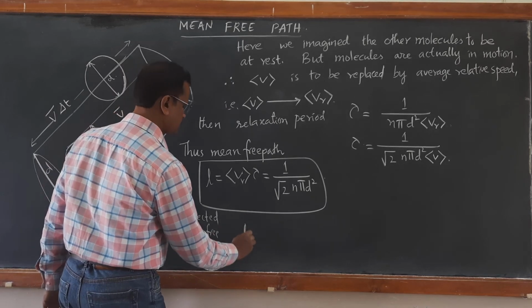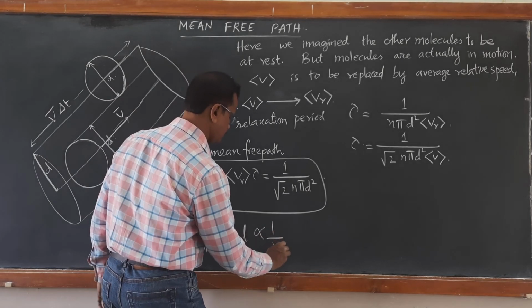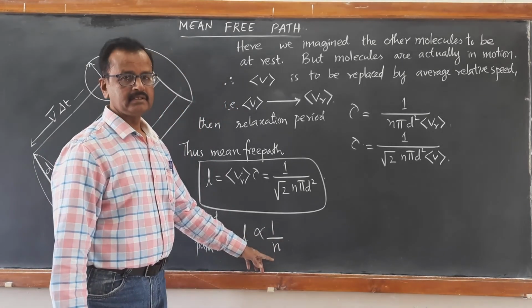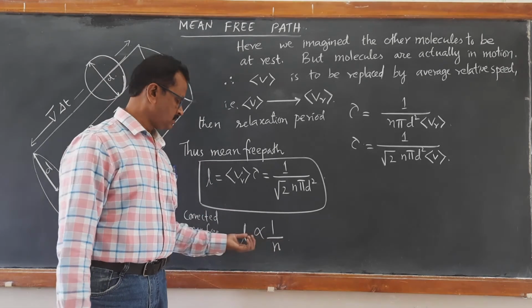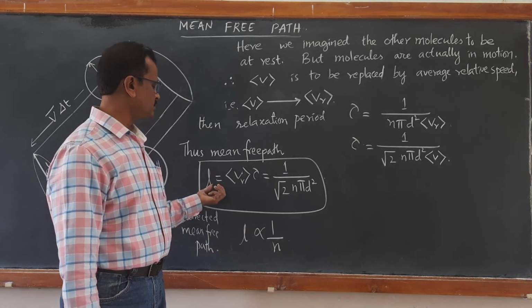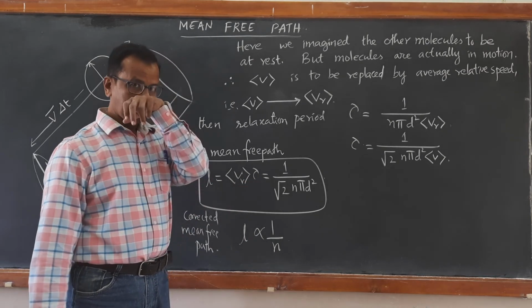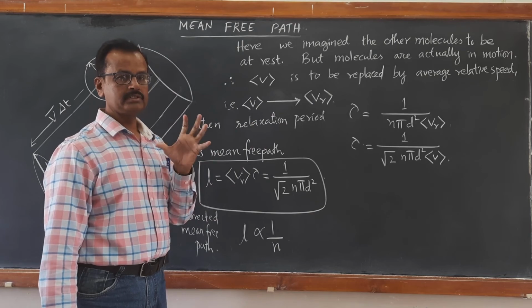From this, the mean free path is found to be inversely proportional to number density of molecules. That is very, very important. More the density of the molecules in a gas, less is the mean free path. Less the mean free path, less is the relaxation period, less is the average distance between two collisions.